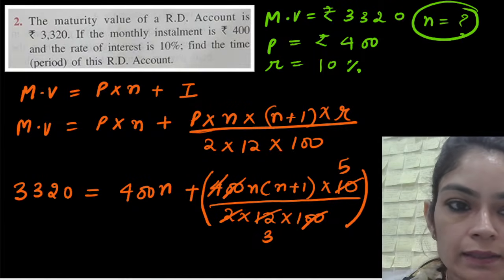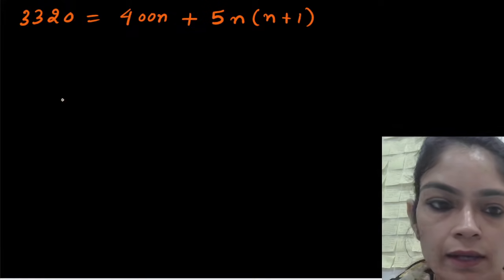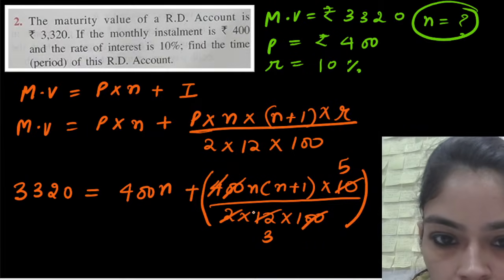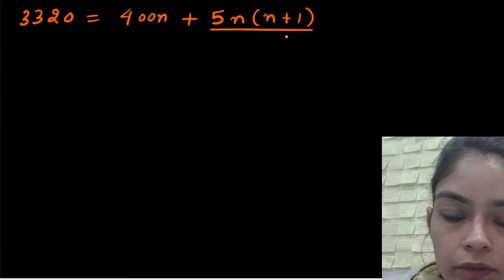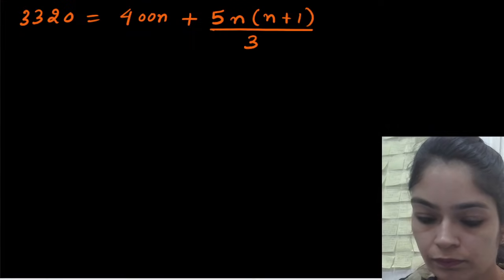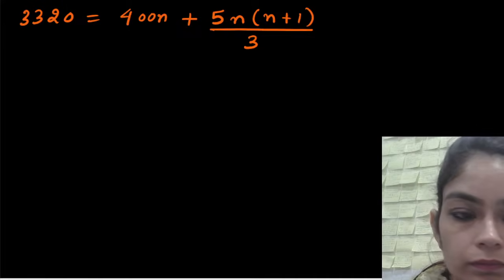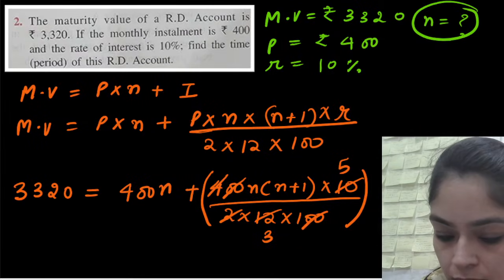That we can write as 5 into N plus 1. 5 I can just write. And here in the denominator, I am just left with 3. So 3 I will write like this.